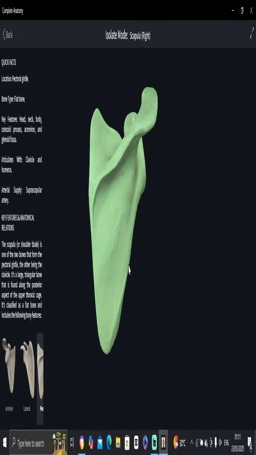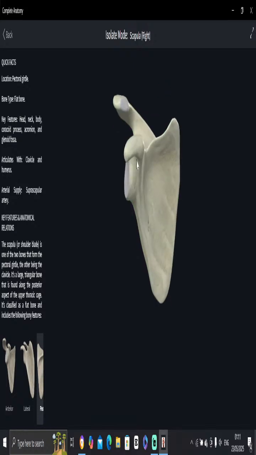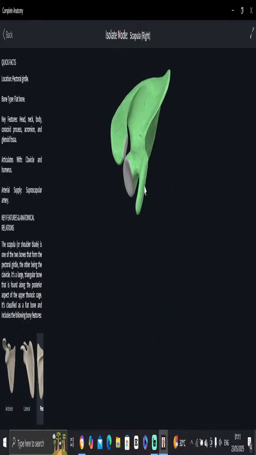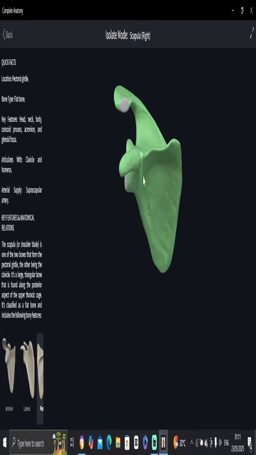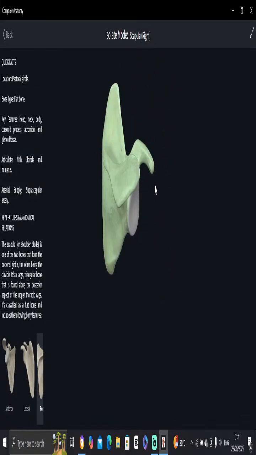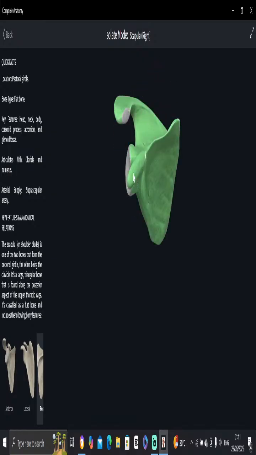Just superior to the glenoid cavity, we can see this projection that looks like a knuckle, called the coracoid process of the scapula. Generally, whenever there's a bony prominence, such as a process, tuberosity, tubercle, spine, or ridge, it means there are ligaments, muscles, or other bones that attach to that area.